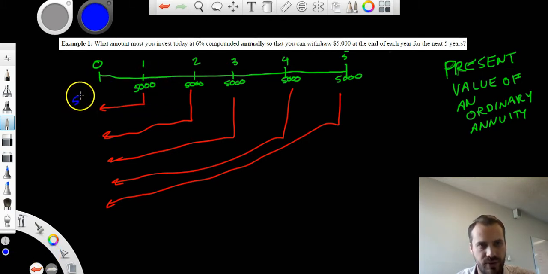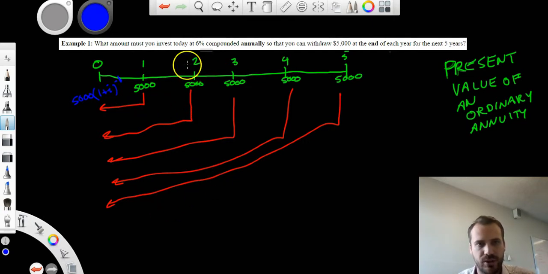That's going to be 5,000 times 1 plus I to the power of -1. You'll remember to the power of -1 when we're going back in time with our present value and future value calculations.